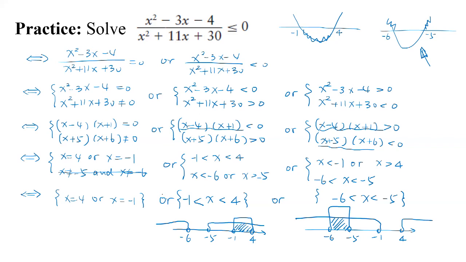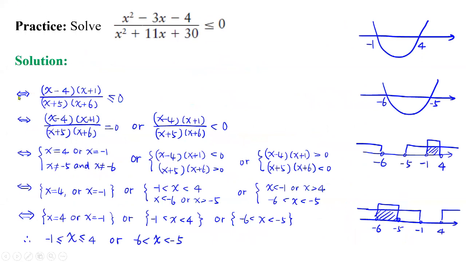Okay, if we consider all of these solutions, the final solution is x greater than or equal to minus 1 and less than or equal to 4, right? This is one of the possible solutions. Or the other solution is x greater than minus 6 and less than minus 5, right? Okay, please have a look at this. You can also check the solution on the slides here. Okay, any questions?